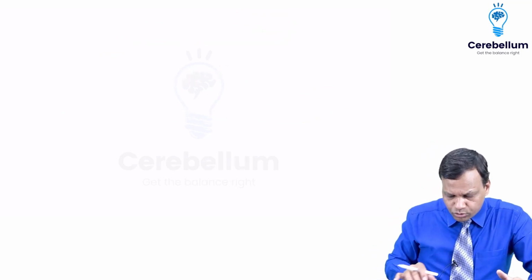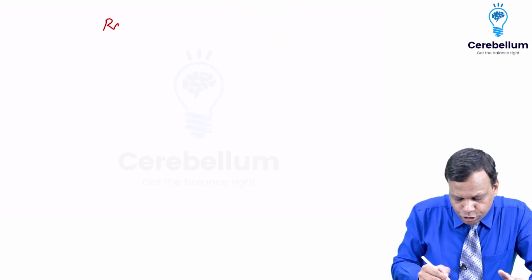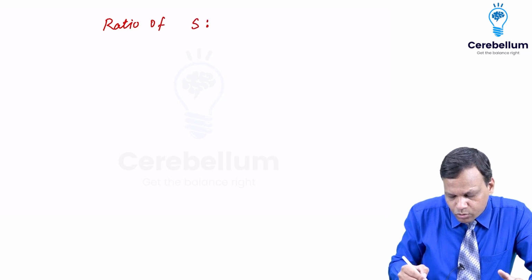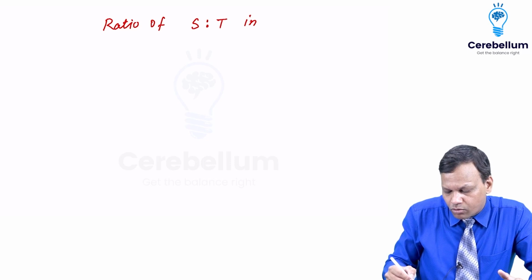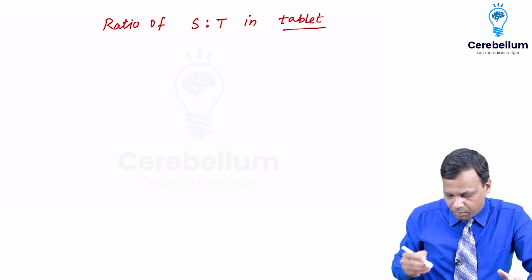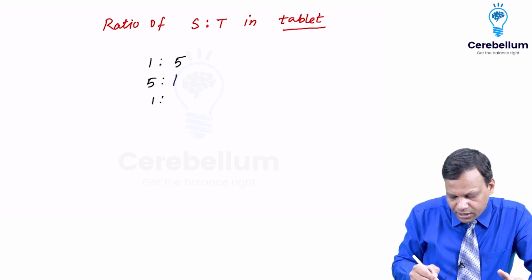Okay, so you need to read carefully. The question asked is, what is the ratio of sulfamethoxazole to trimethoprim in the cotrimoxazole tablet? Options will be the same: 1 is to 5, 5 is to 1, 1 is to 20, 20 is to 1.